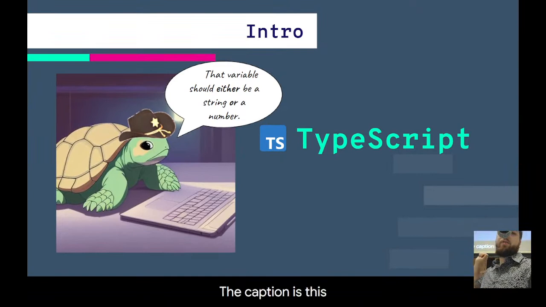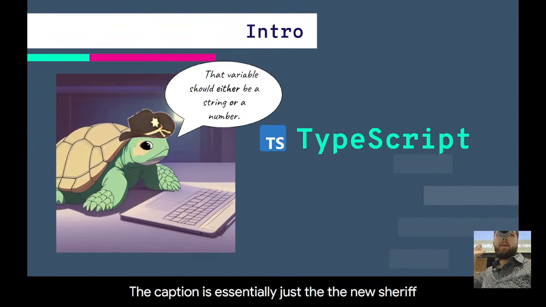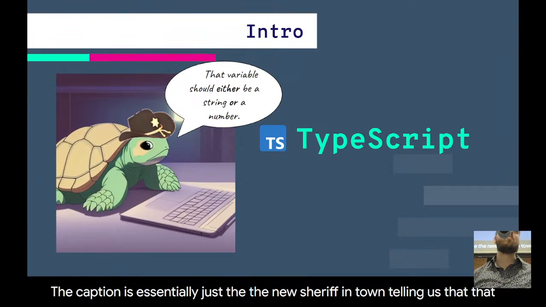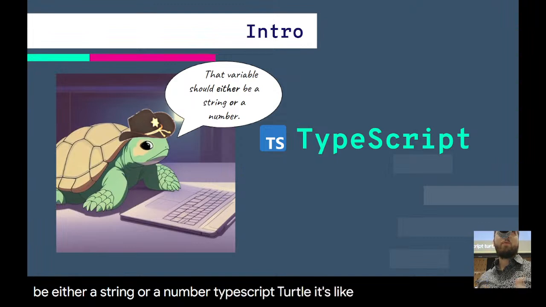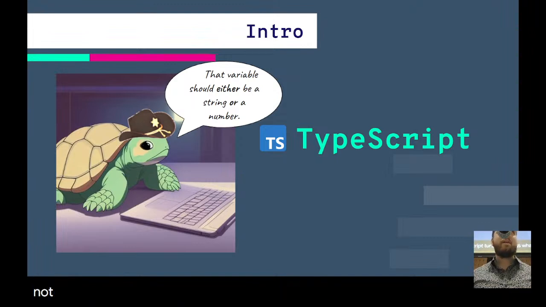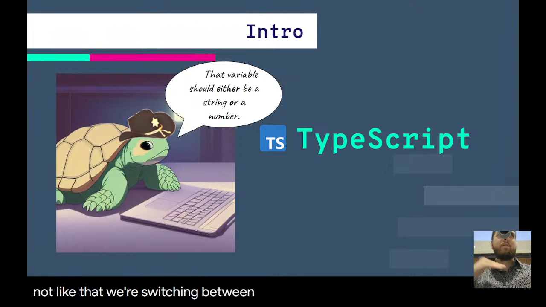The caption is essentially just the new sheriff in town telling us that that must be either a string or a number. TypeScript turtle is, I guess, what we call him, does not like that we're switching between a string to a number to a string.